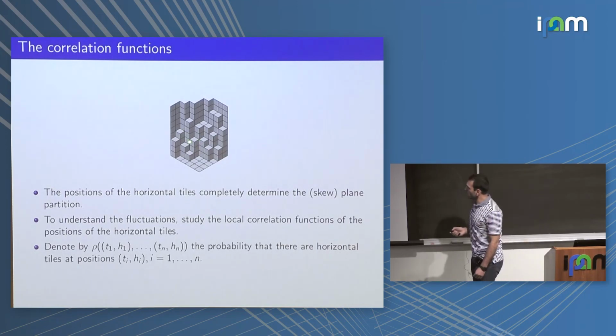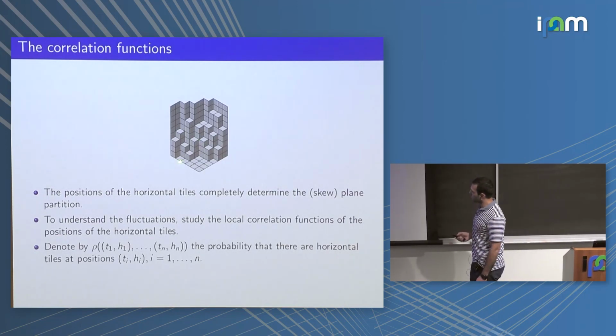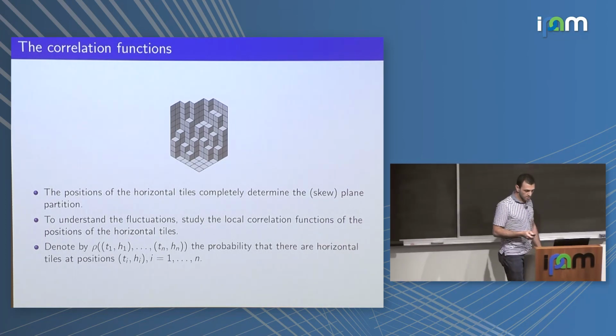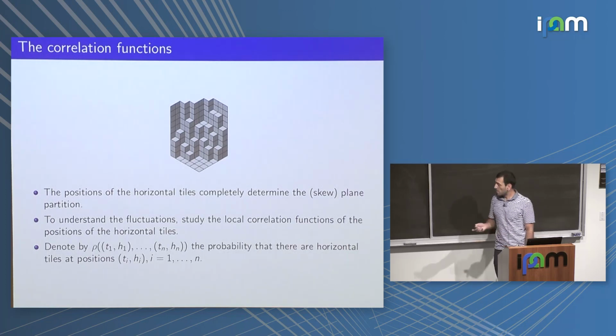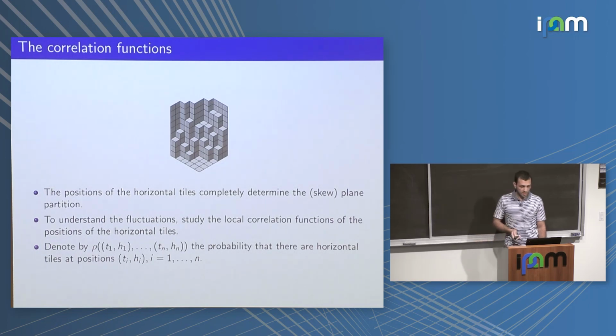You can pick some positions for the horizontal tiles and ask what is the probability of seeing horizontal tiles at those positions. Those are correlation functions of the horizontal tiles. We'll denote them by rho. And we're going to study the randomness, the fluctuations, by looking at the asymptotics of these correlation functions in the scaling limit of the system.